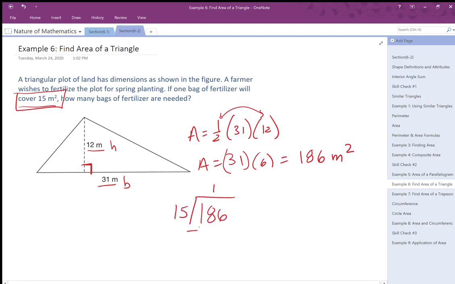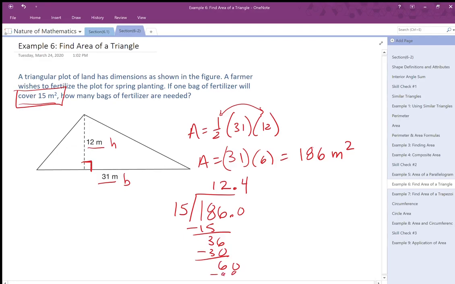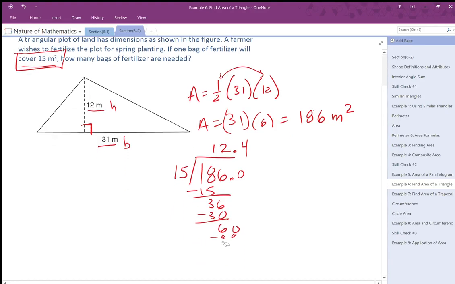That's 2 times 15 is minus 30, and four times 15 gives us 60. So 12.4 bags of fertilizer.